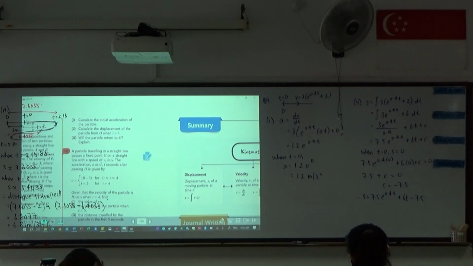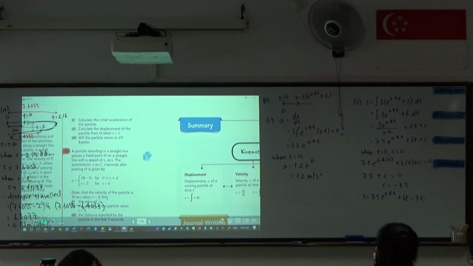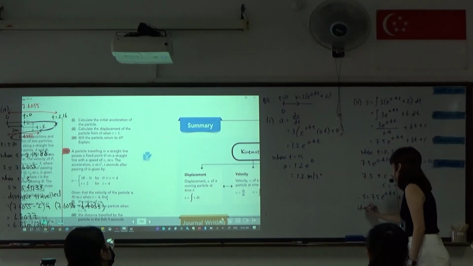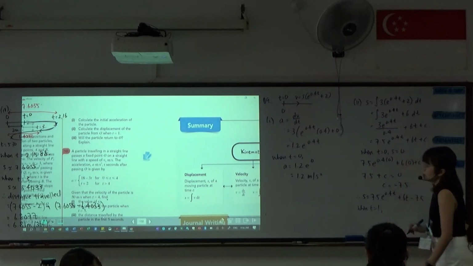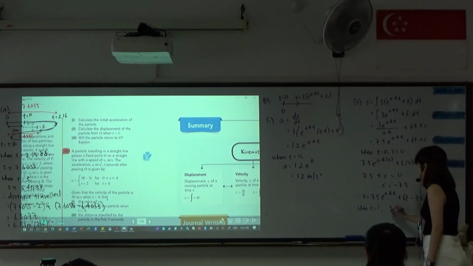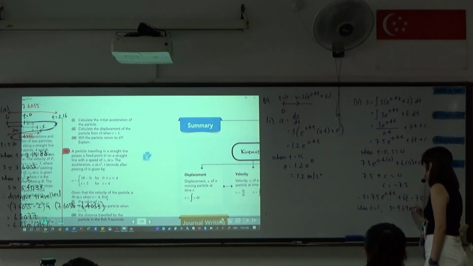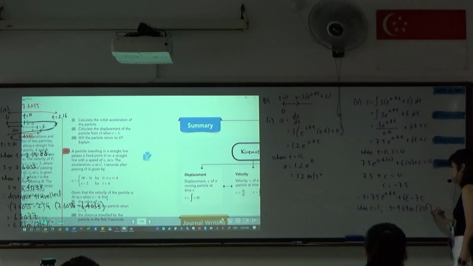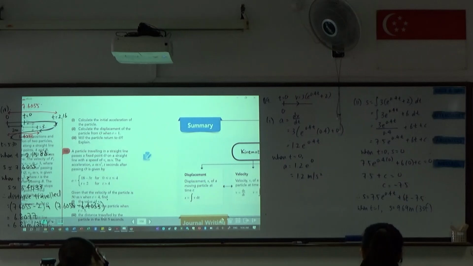So s equals 7.5 e to the power 0.4t plus 6t minus 7.5. To find the displacement when t equals 1, just do substitution, and you will get 9.69 meters to 3 sf.